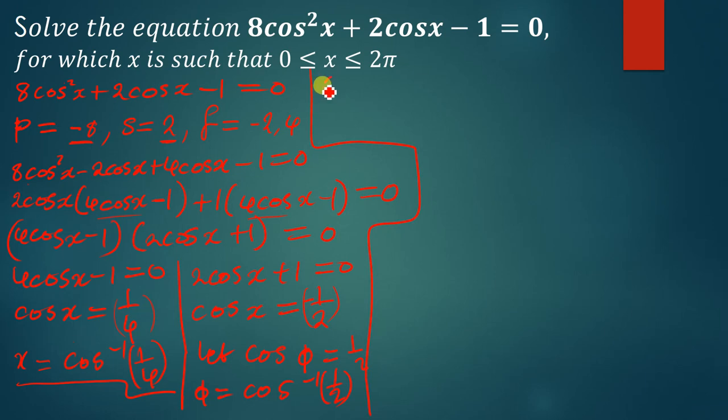So our phi is equal to 60 degrees, and to convert 60 degrees to radians, you multiply it by pi and divide by 180, which will give you 1 over 3 pi.